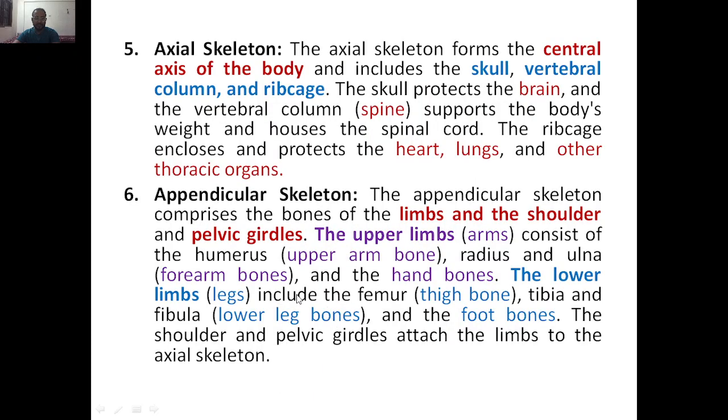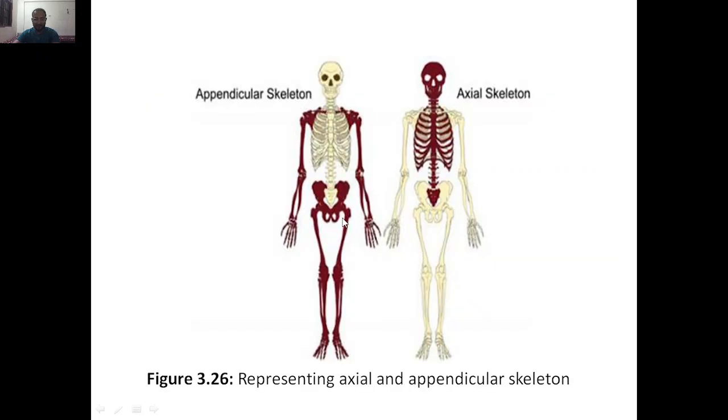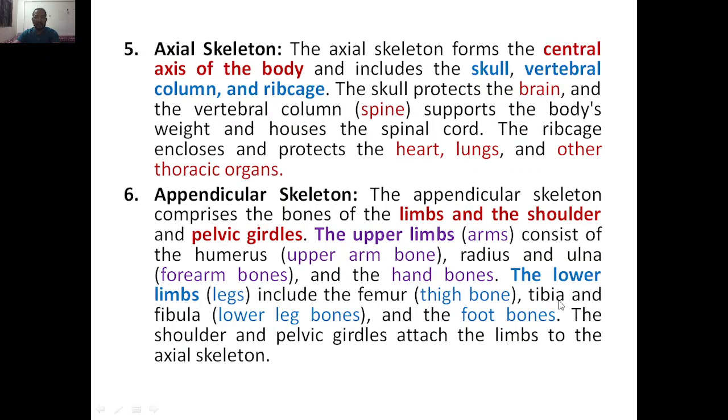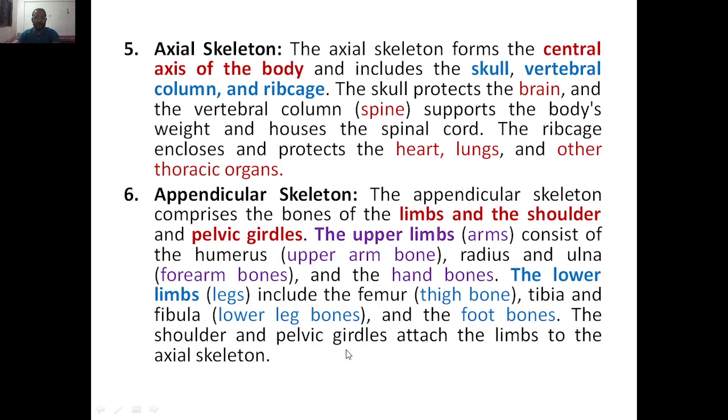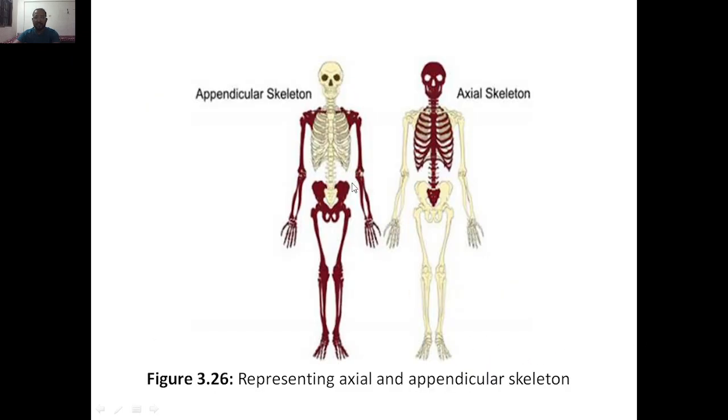It includes the femur, that is the thigh bone. And then the lower leg bones, like the tibia and fibula, and then the foot bones. Okay, now the shoulder and pelvic girdles attach the limbs to the axial skeleton. So from here there will be a linkage to the axial skeleton. So both axial and appendicular skeletons look like this.